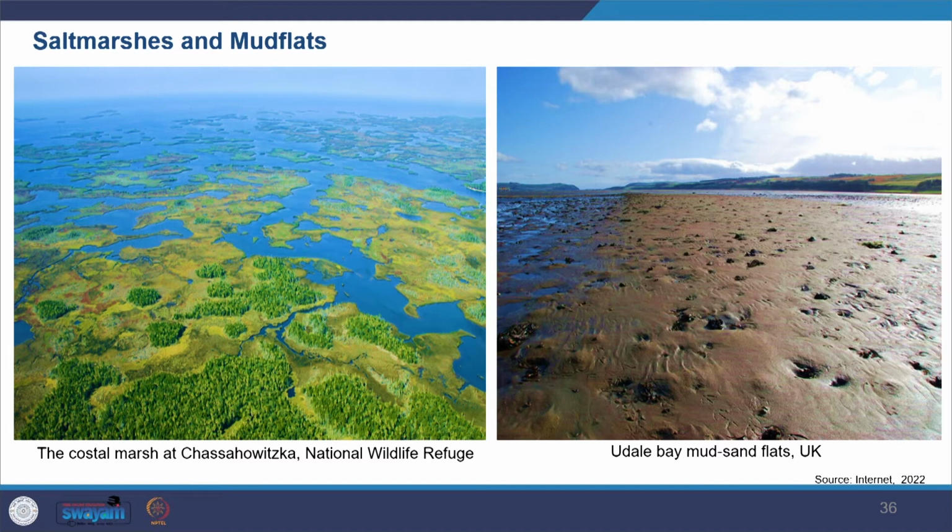And salt marshes and mud flats are said to have very high natural value, and they also support large populations of invertebrates and birds. So it has a lot of significance. All of these systems depend on the continuous supply of sediments, which come from the river discharge, or the coastal erosion and so on.